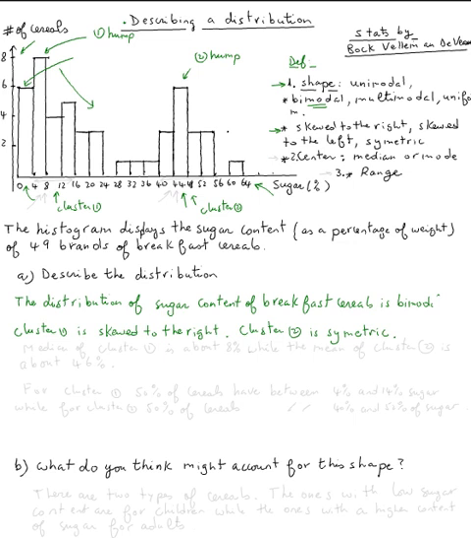Next we talk about the center of each hump or cluster. The center of the first cluster will be the median, because it's skewed. When it's skewed, you always look for the median. So the median of cluster 1 is about 8%.